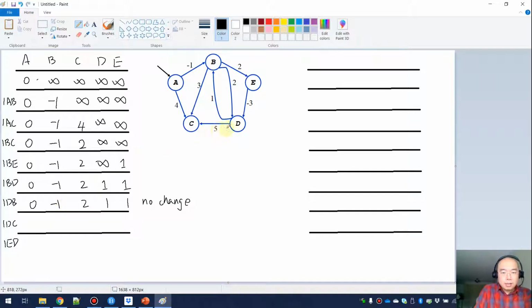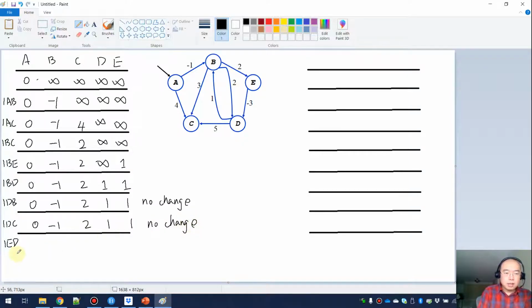And how about DC? If we take DC from D, we can get to C with the cost of 6, and we don't want to do that because currently there is a way to get to C with a cost of only 2, so no change.